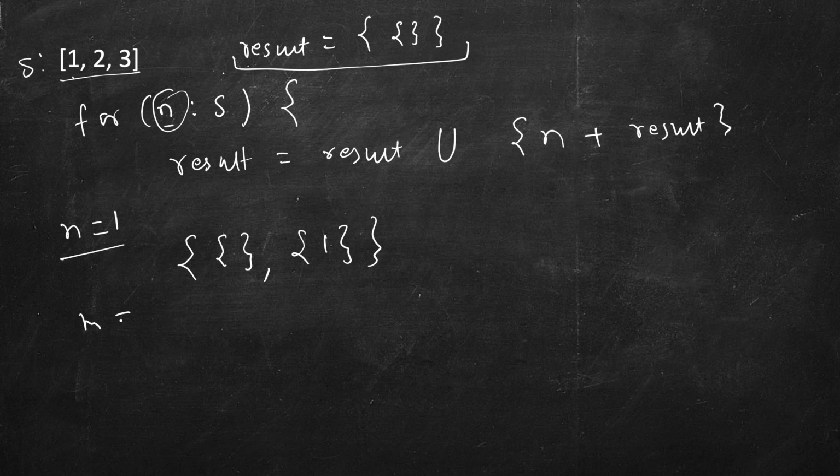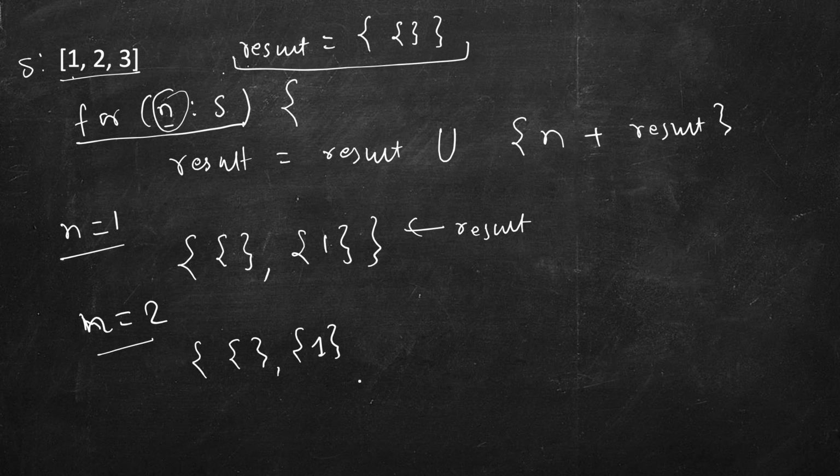When n becomes 2, that is we take the next value of n, we take this result, we don't delete the existing ones, we have to just keep appending values. So take this one, add 2 to it, take this one, add 2 to it, and this is the result when we have processed n equal to 2.